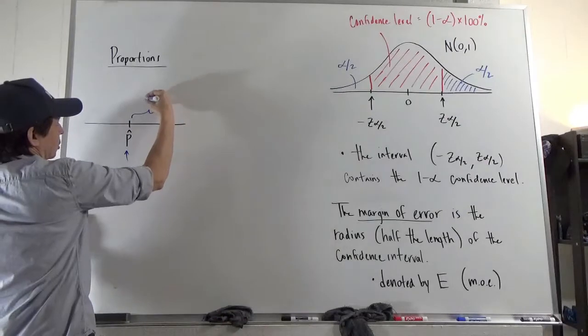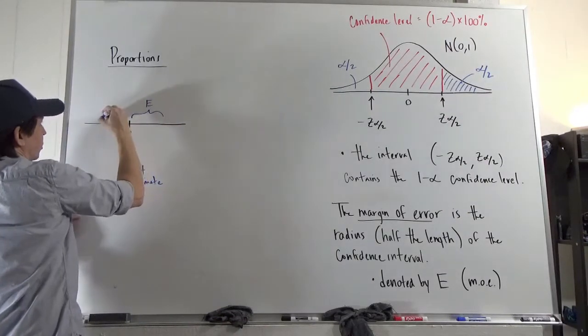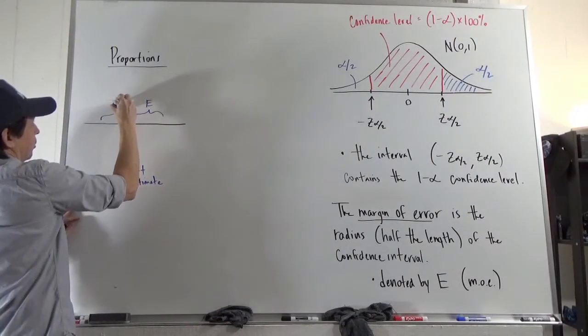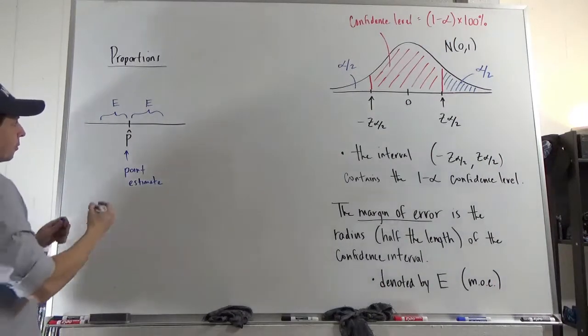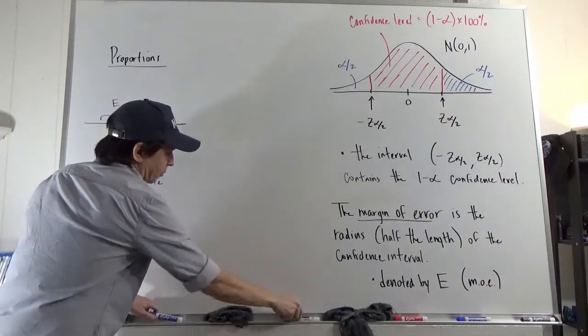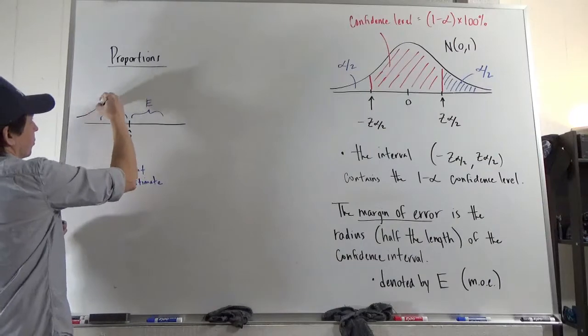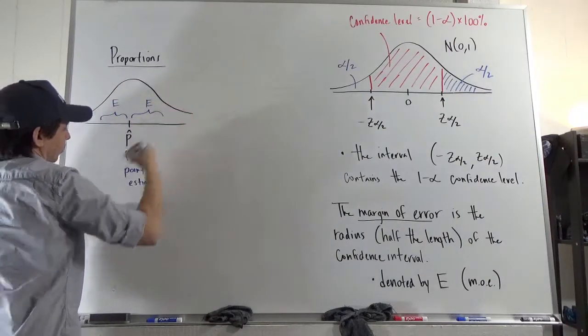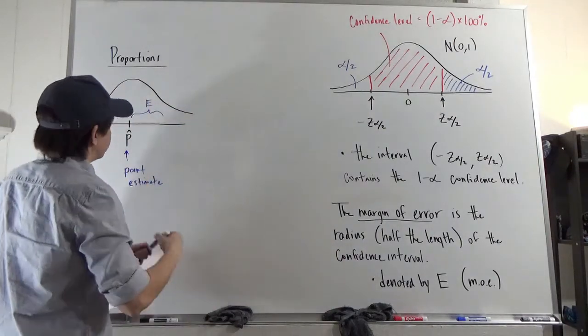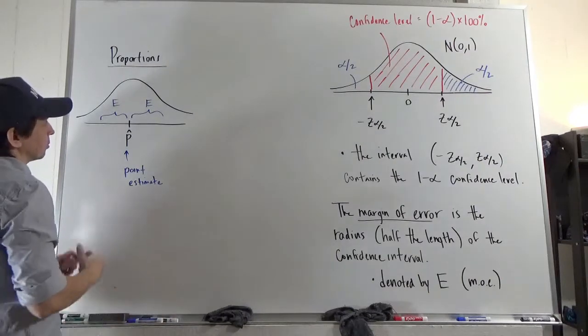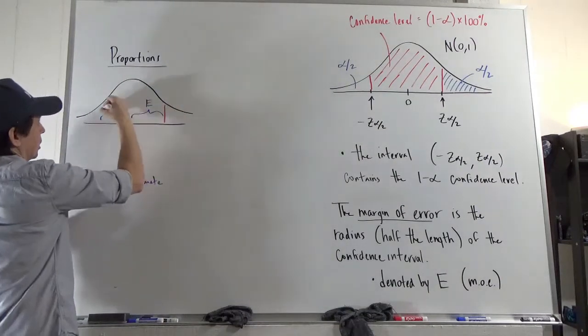Anyway, back to my picture. We're going to go out to the left and right that margin of error. And so we'll get some boundaries. Here, here.